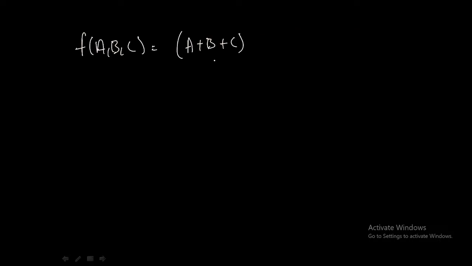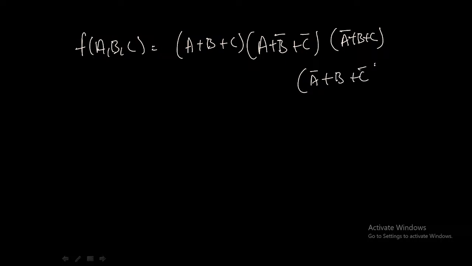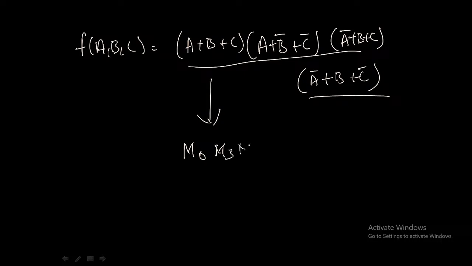Okay, so it will become (a plus b plus c) into (a plus b bar plus c bar) into (a bar plus b plus c) into (a bar plus b plus c bar). So if you observe, these are nothing but our max terms M0, M3, M4 and M5, which is nothing but pi of 0, 3, 4, 5.